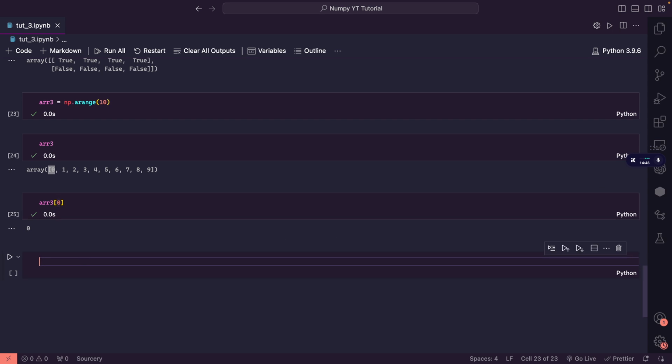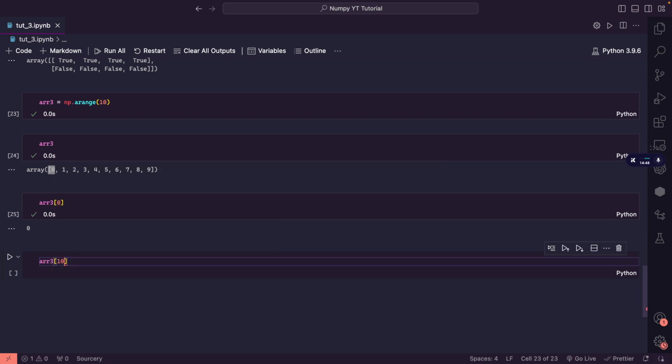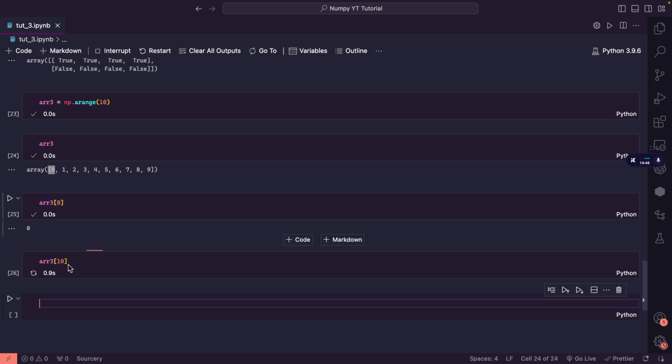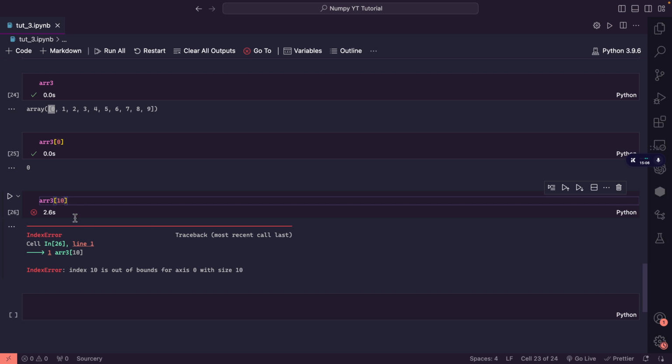So if we say arr of 10, you saw we got an error. Why? Because I gave it 10, and that means the 11th position, but we had only 10 elements.